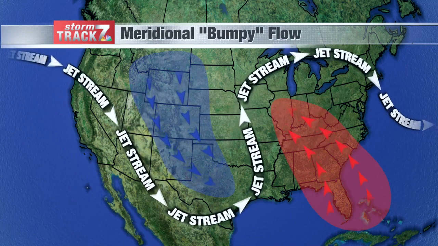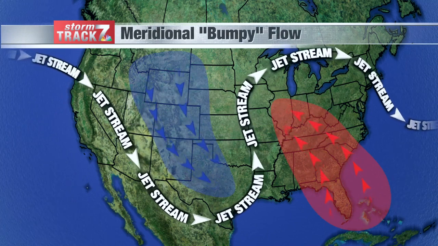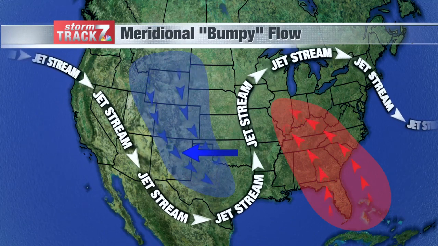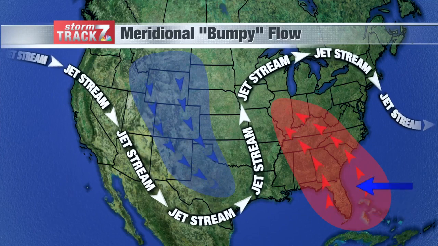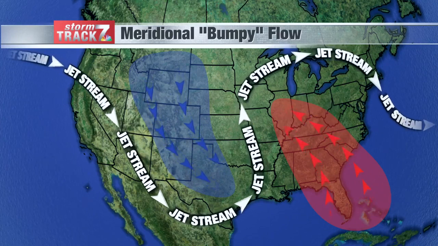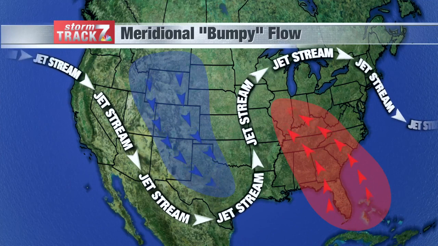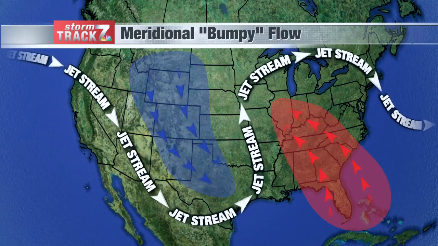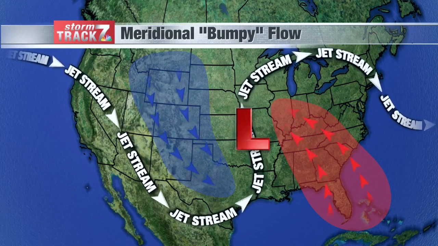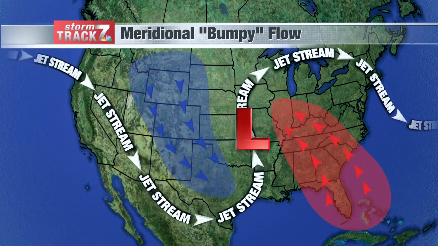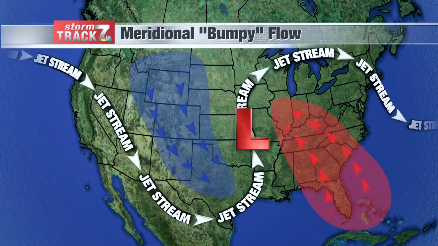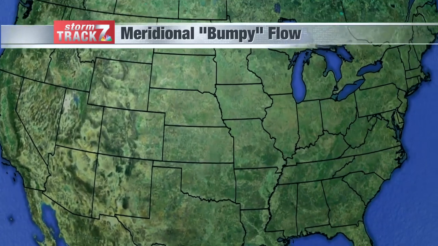Now, here's the other one, meridional flow. This is called a bumpy flow. As you can see, with that first example, this is a trough, of course, cooler air filtering in behind it. And then this is a ridge on the eastern side of the country, warmer air. Now, it just depends, again, on the shape of the trough and the ridge and the jet stream in general. But if you get this warm air and this cooler air to mix, you can get an actual surface area of low pressure that develops storms, or maybe a snowstorm in the winter case, of course, that could develop, again, just depending on where the pattern sets up.